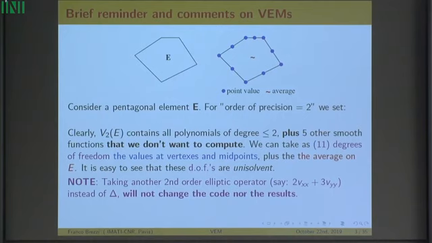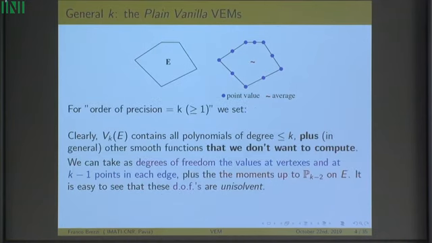And let's see what you have in a more general case. This is what we call the plain vanilla virtual elements. They were, in a sense, the first ones that were designed, and this is the simplest one. So you choose your order of precision, k. Here again, the picture is for k equal to 2.